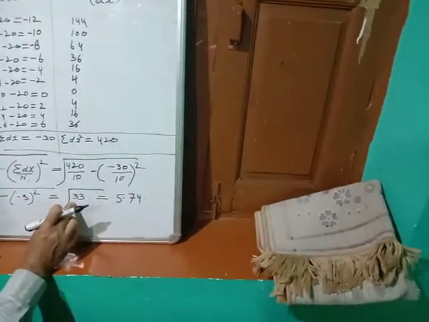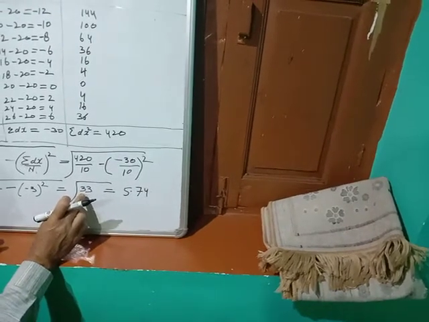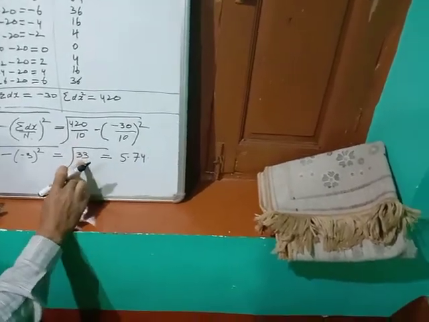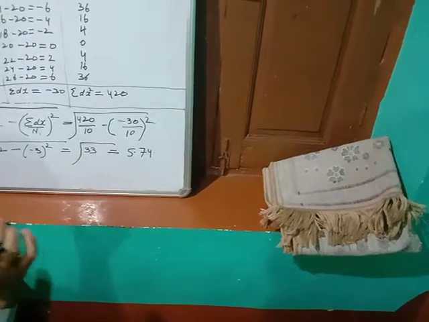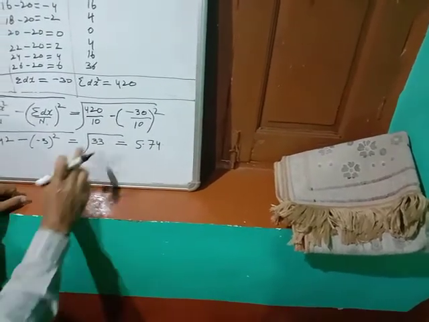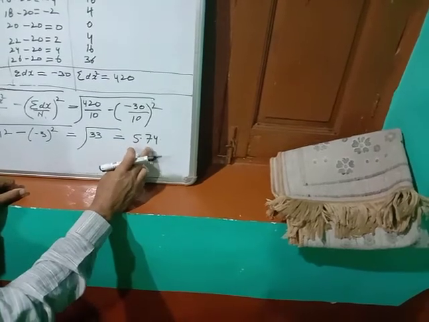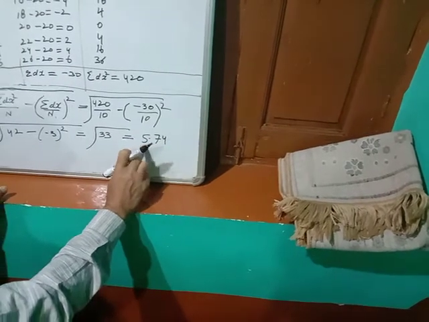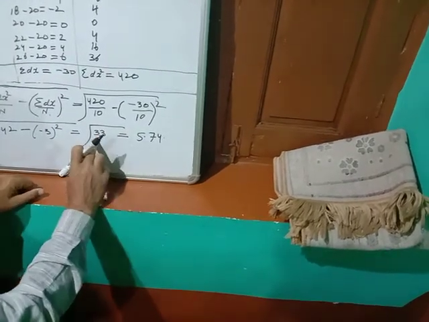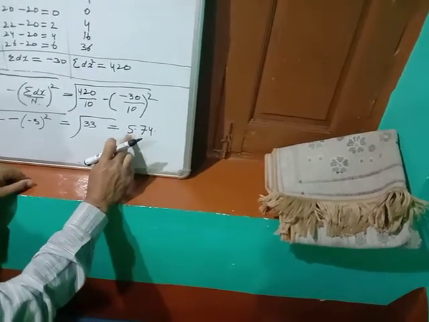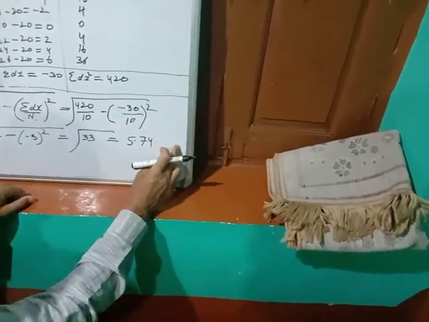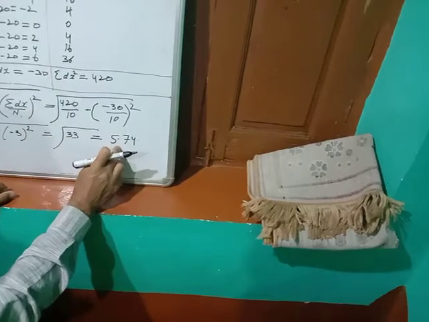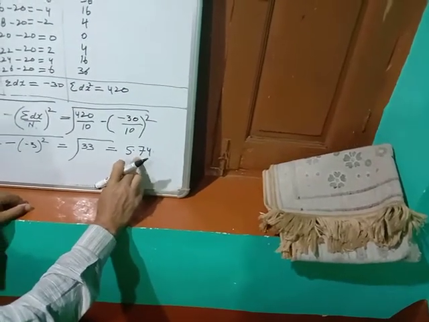Root 33 means the number whose square is 33, that is 5.74. If we multiply 5.74 into 5.74, that is equal to 33.